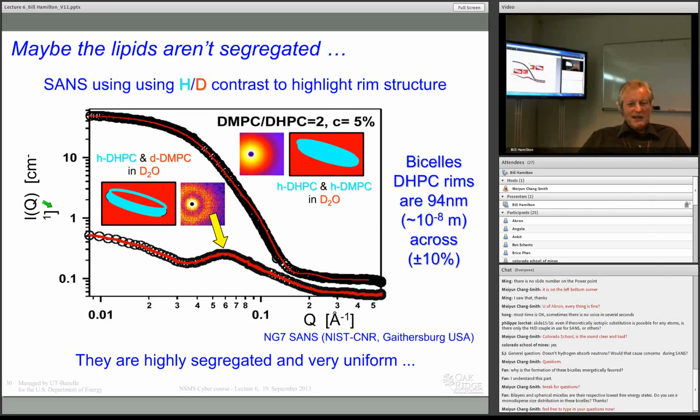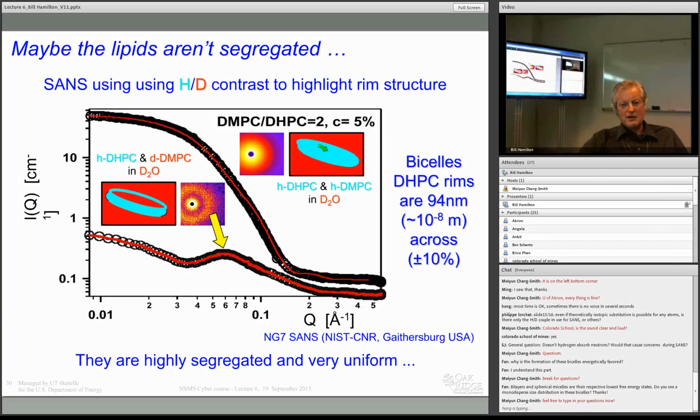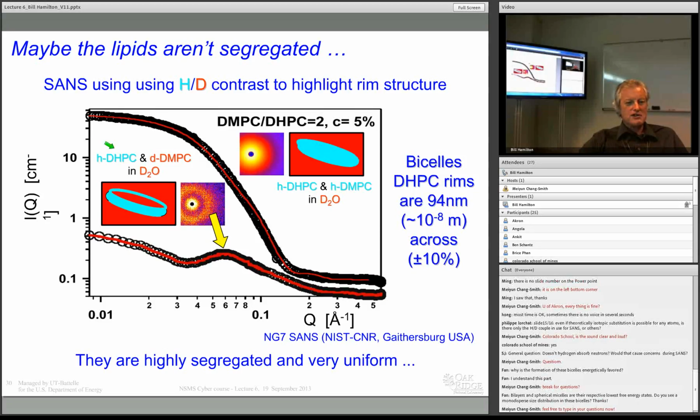So what we did here, instead of just doing what we've been doing already, taking purely hydrogenous material and putting it into D2O, was to stay with a hydrogenous rim, and we put in deuterated DMPC, which costs a lot, but doesn't scatter very much relative to the D2O. And we get two scattering patterns. This is the scattering pattern we got before, which is basically just this disk scattering pattern.